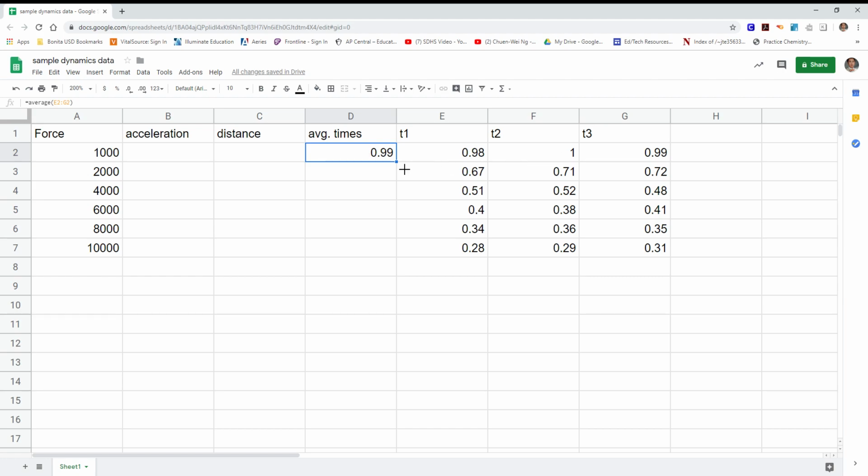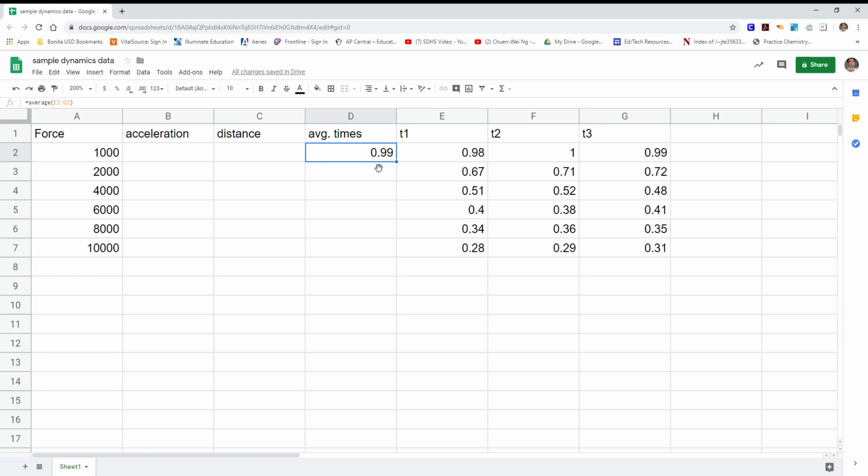Right? And now I'm going to grab this little bottom corner here. I'm going to drag it down, and it's going to just do that function over and over again. Does that make sense? That way I don't have to rewrite that equation over and over again. I'll show you again. When you have one of these done, move your cursor over to this little bottom right corner, and notice how it turns into a little cross.